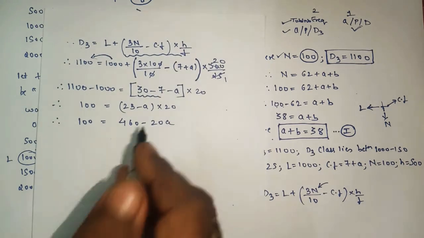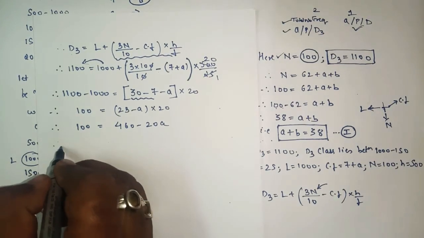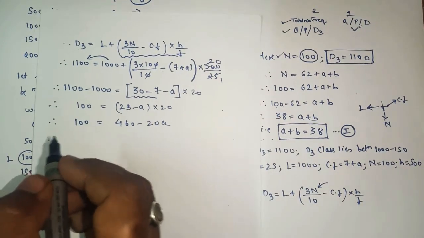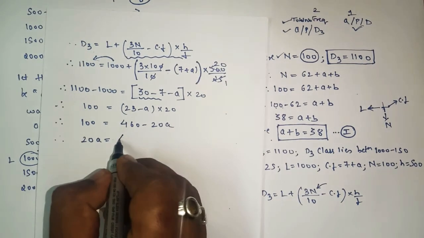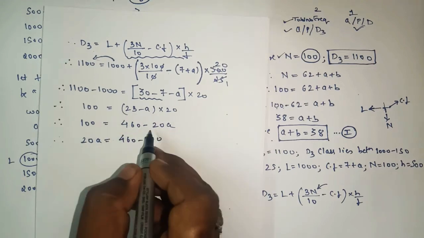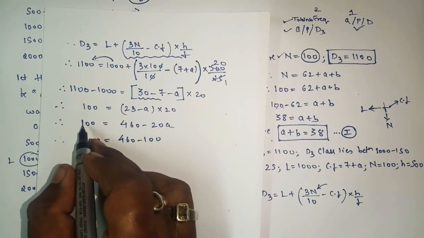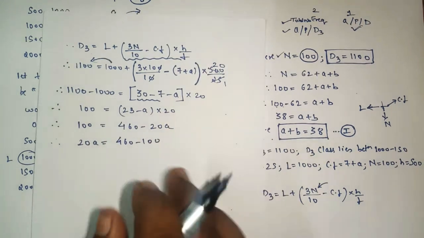Now here we have one alphabet and two numbers, so we shift the alphabet to one side and the numbers to the other side. We bring this minus 20A to the left hand side and this 100 to the right hand side. As this goes to this side, the minus will be plus, and this positive 100 goes to the right hand side, so it will be minus.